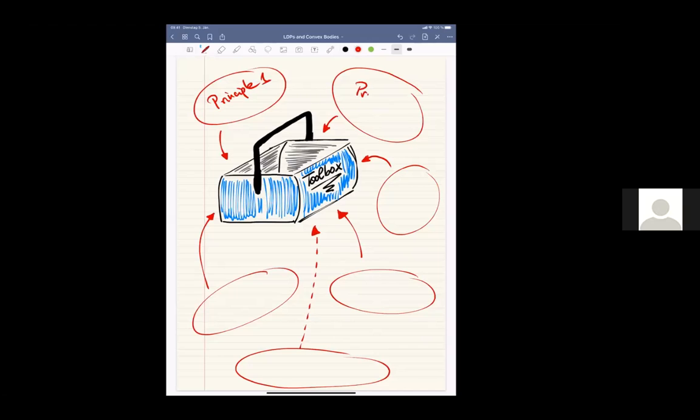Principle 2, we're going to use the contraction principle, and principle 3, exponential equivalence. What else? We're going to use the Schechtman-Zinn probabilistic representation.